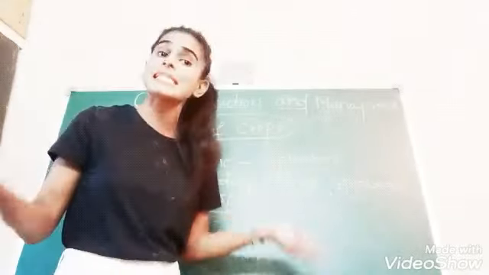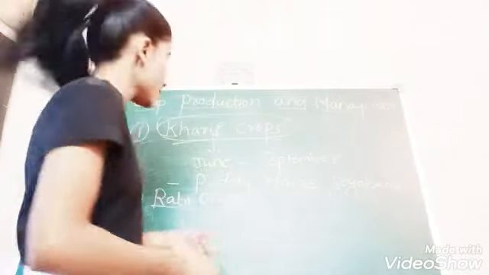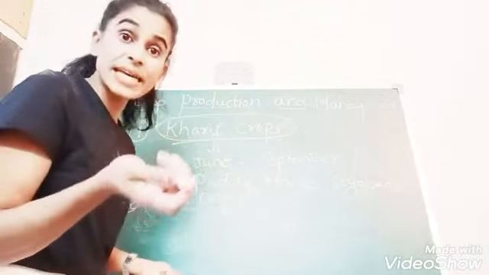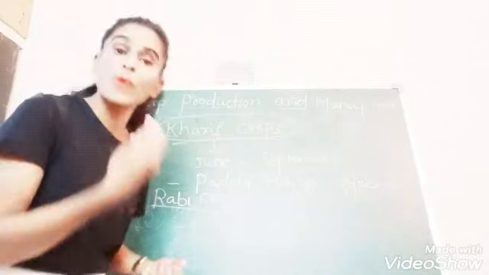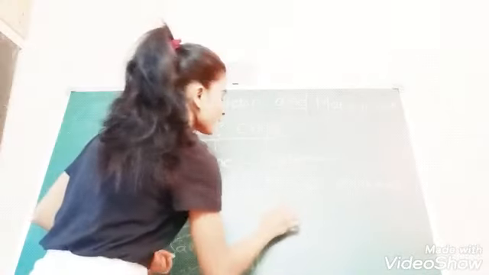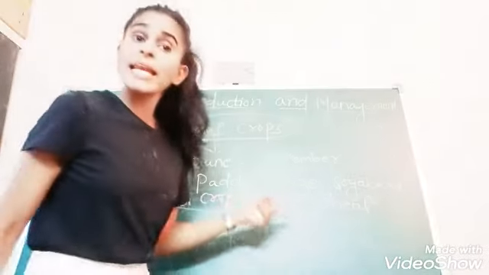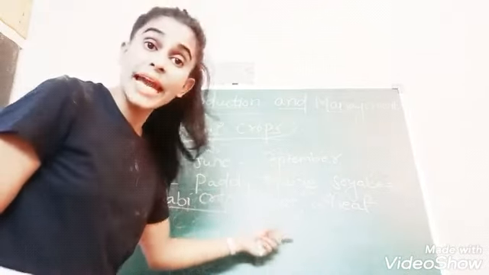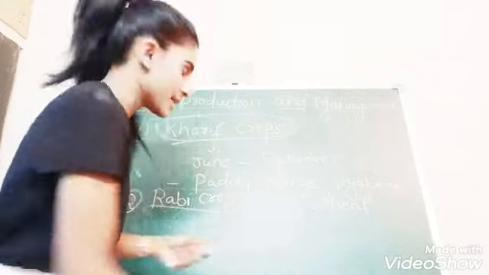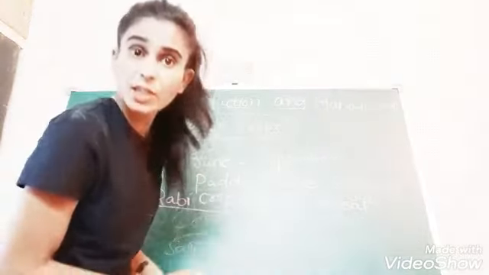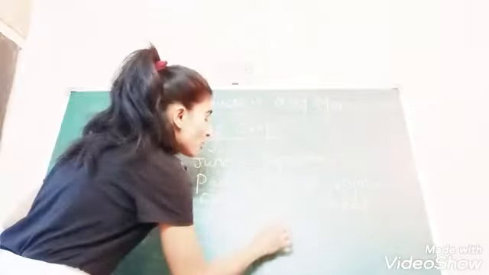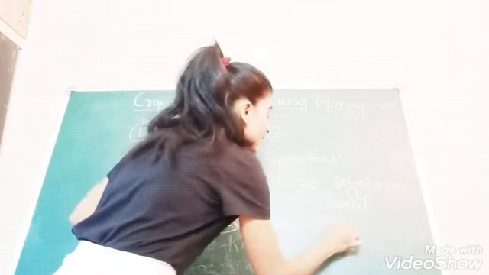Because they require less amount of water. Peas, wheat, they all require less amount of water, so they are grown in the winter season. They are called winter crops because they are grown in your winter season.